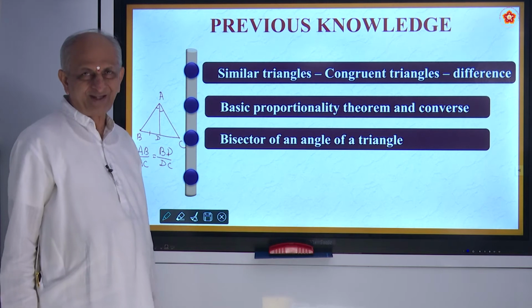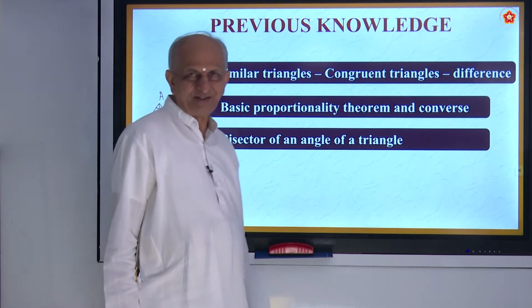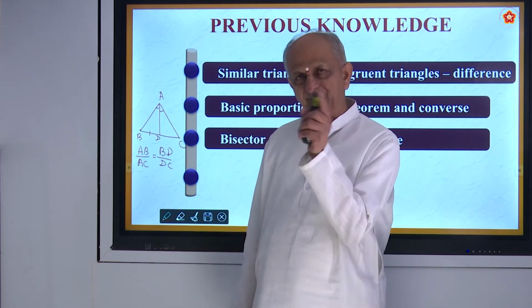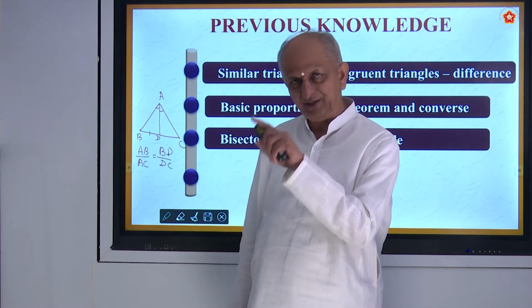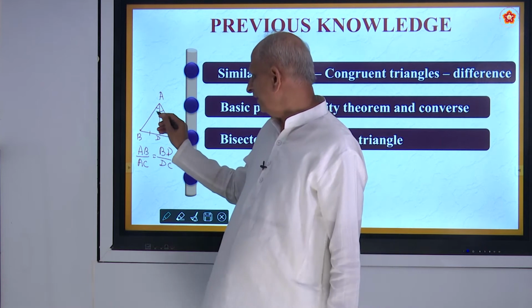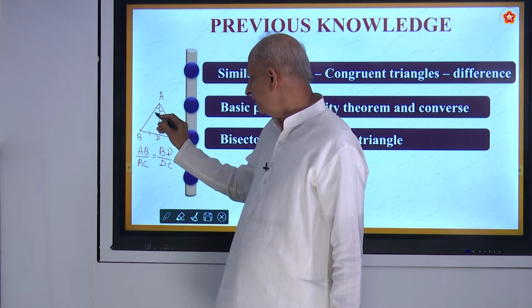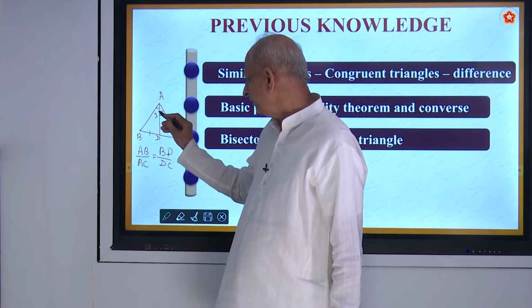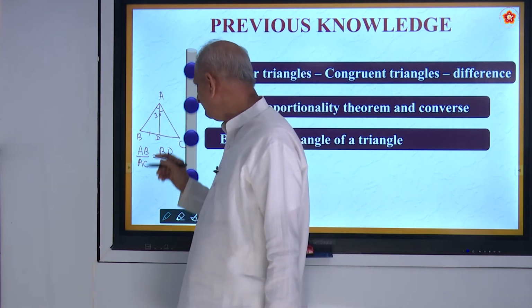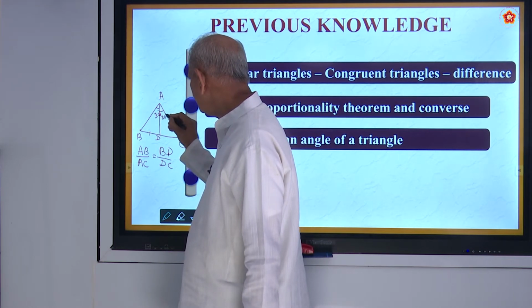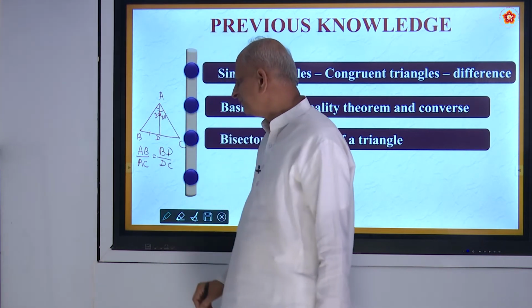What do you mean by bisector? A bisector is a line which divides the angle equally. So if the angle is 60 degrees and you draw a line, then the two angles will each be 30 degrees. Then this line AD is called the bisector.